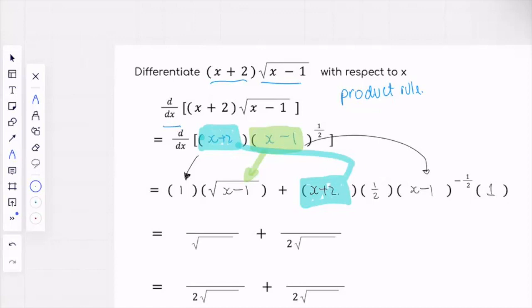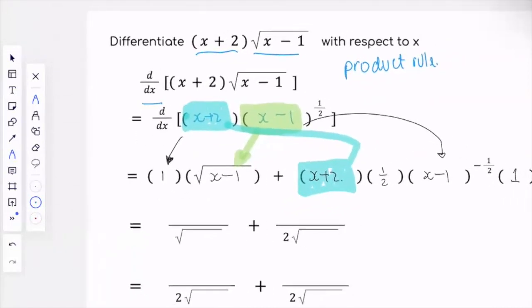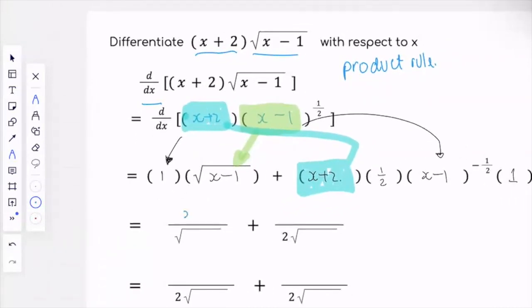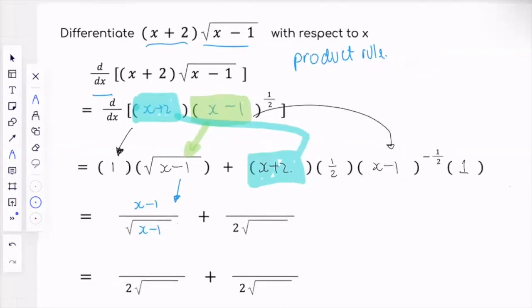Then we simplify. How do we simplify this thing? The next step, very simple. x minus 1 over root x minus 1 is the same as square root x minus 1. How about the other one? x plus 2 will be the numerator and the denominator will be 2, times square root x minus 1.